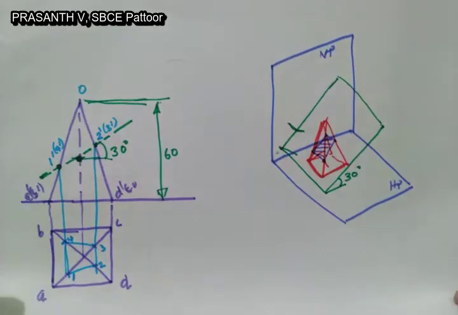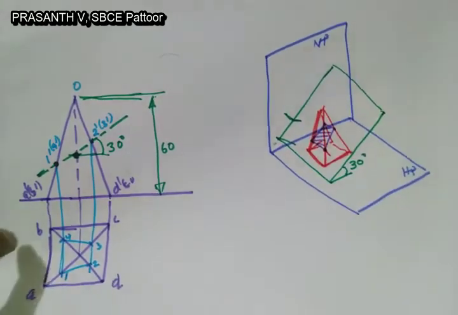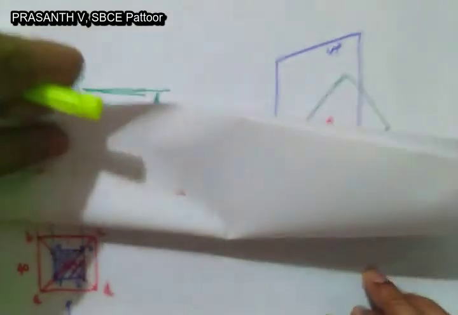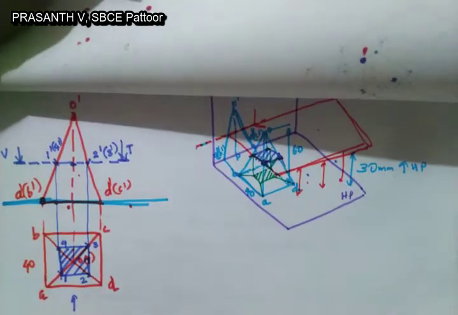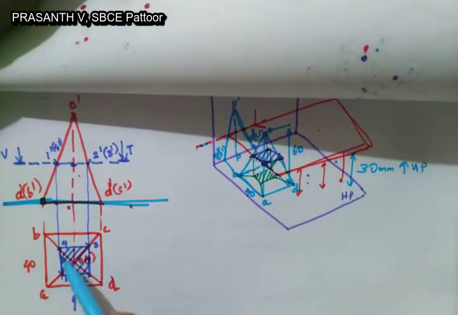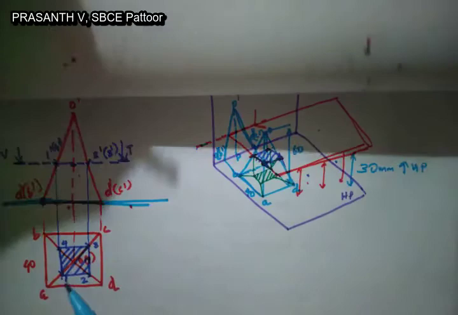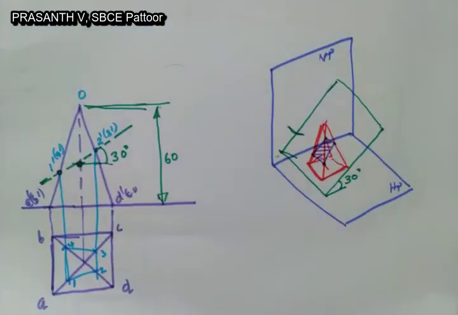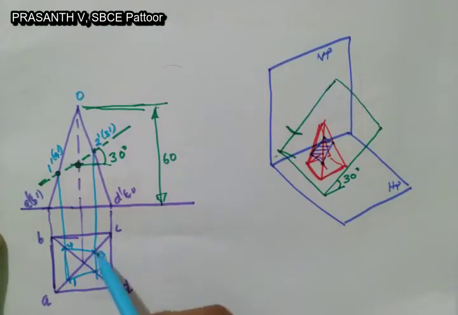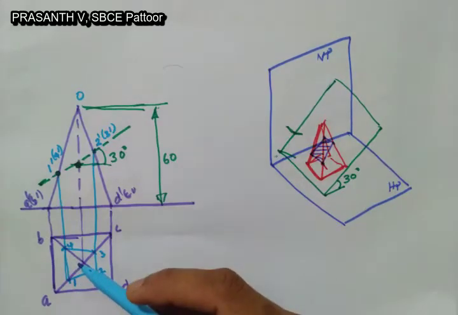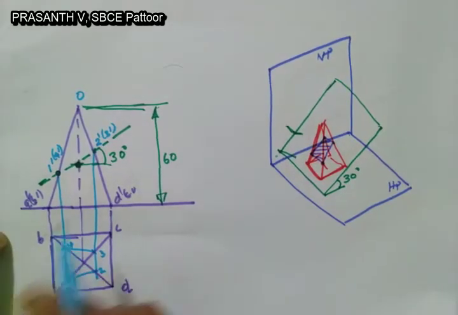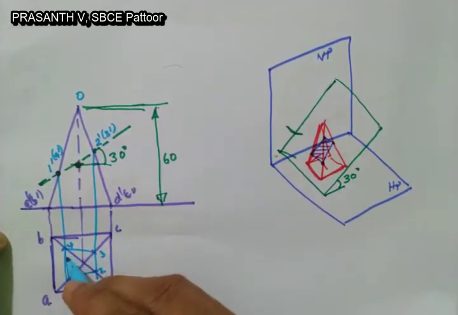But in the previous case, where the section plane was parallel to HP, this was a square with all sides equal. In this case, after joining these 1, 2, 3, 4 points, you will get a trapezium. Now just erase all the inner slant edges. Now you have to hatch it like this.